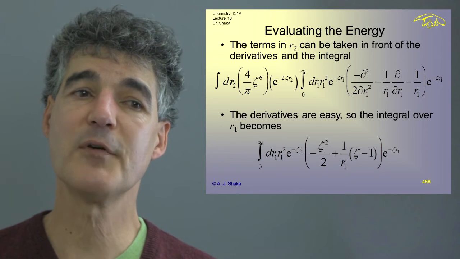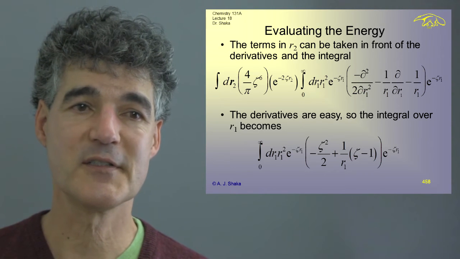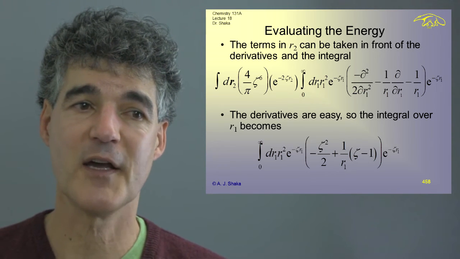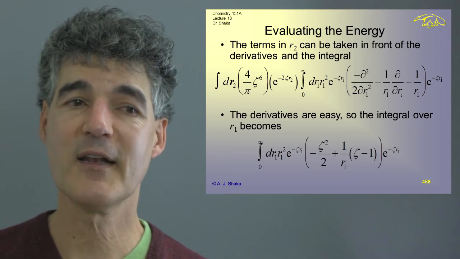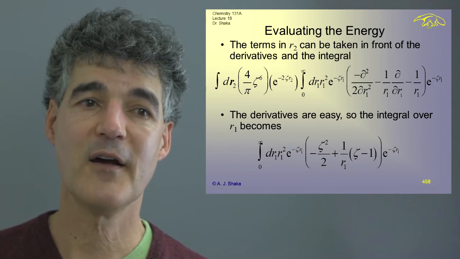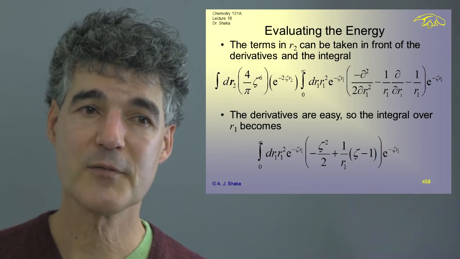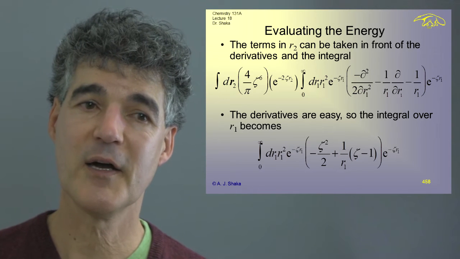But the derivatives are pretty easy. All they do is bring down a zeta each time and change the sign depending on how many derivatives I took. So I end up with this little thing here to integrate: r1 squared e to the minus zeta r1 times minus zeta squared over 2 plus 1 over r1 times zeta minus 1.